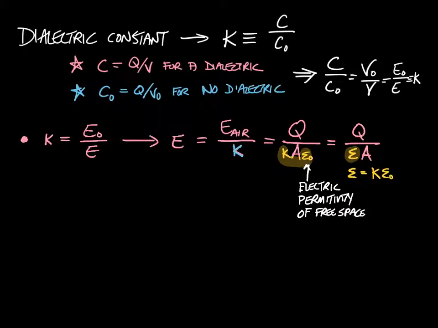But if you're not in free space, meaning you've put something in place of a vacuum like air or plastic or whatever, then now you're using a modification of this fundamental constant of space. All right, so that's the difference. So we have to use these equations, and it helps if we can understand at least a little bit about them. So that's why we bother.